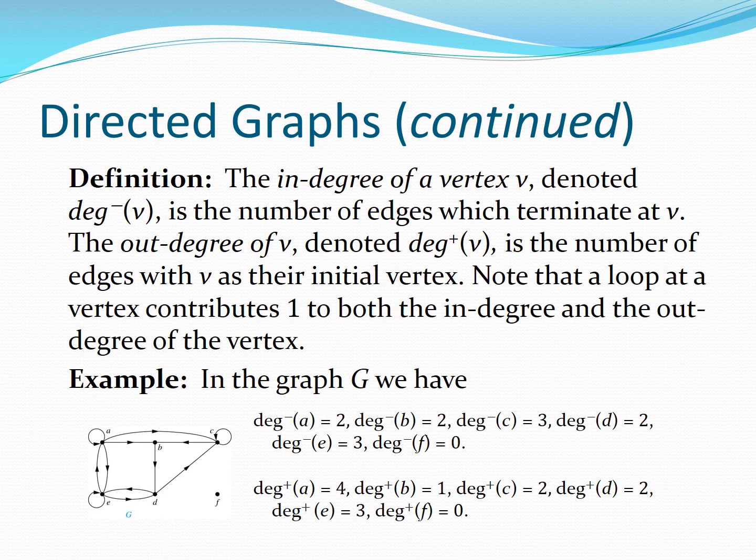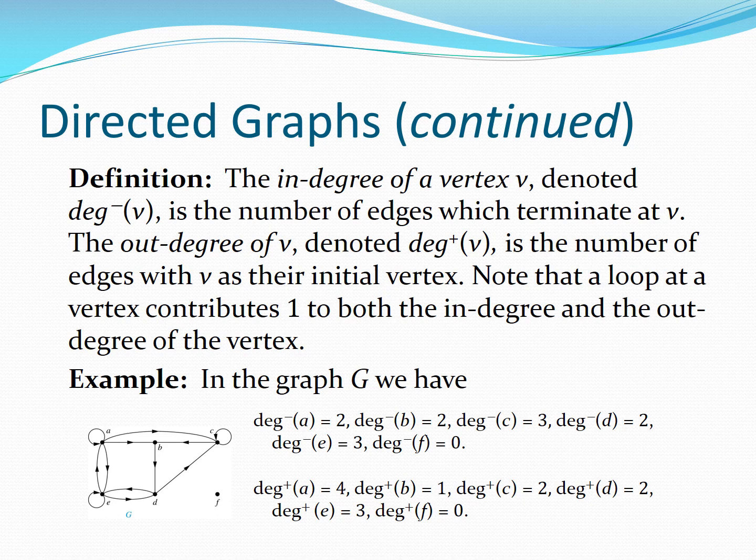Now let's take a look at the degree of vertices with respect to a directed graph. Since there is a direction corresponding to every edge in the graph, the degree is basically split up into two parts. There is something called an in degree and there is something called an out degree.